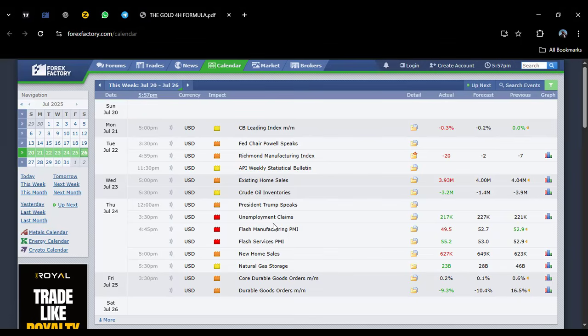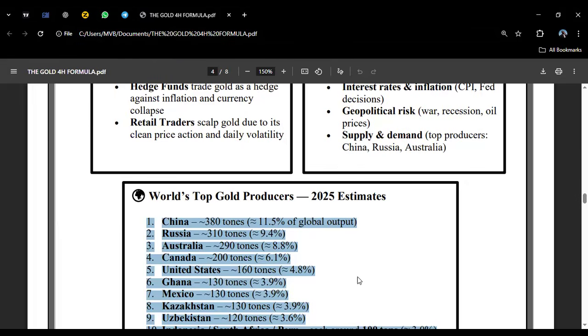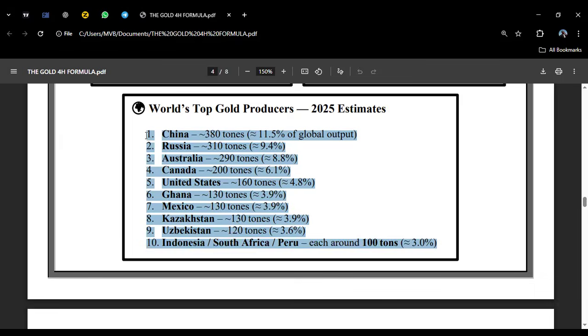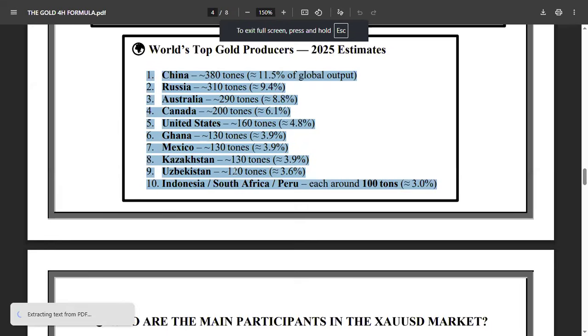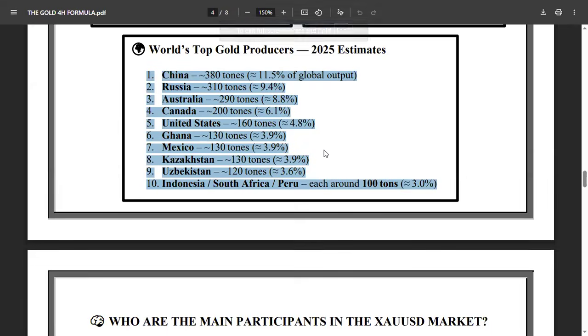But when you go to the news that concerns the Chinese economy, that news affected the gold price. So you need to be aware of the economic news and events happening in these top 10 producers. That's why I teach this. So this is a secret, guys.